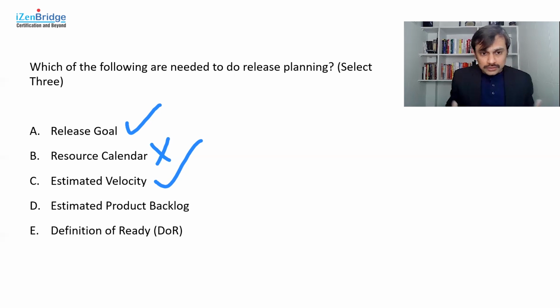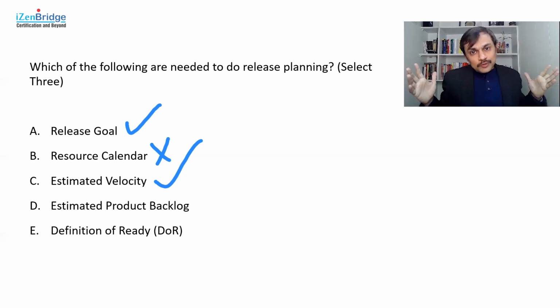Estimated product backlog, you need it. A fair amount of a product backlog, at least the one which is related to the release goal, the items which are linked with the release goals, those need to be estimated, because in the absence of that, how do I identify a timeline, a possible release date, if we don't have an estimated product backlog.